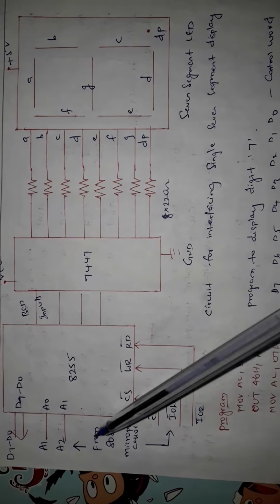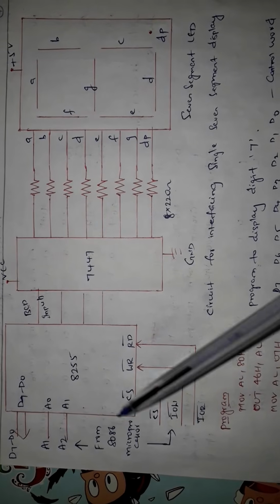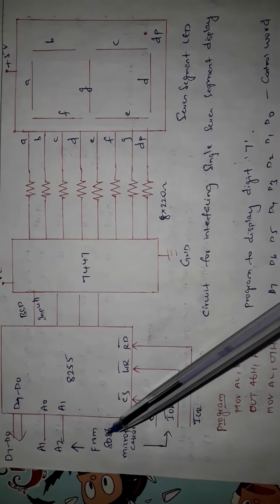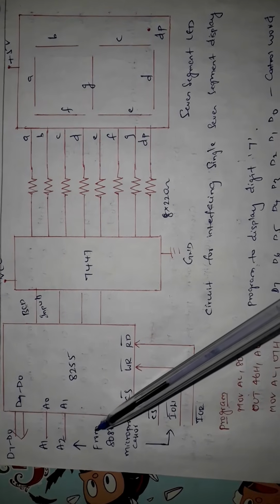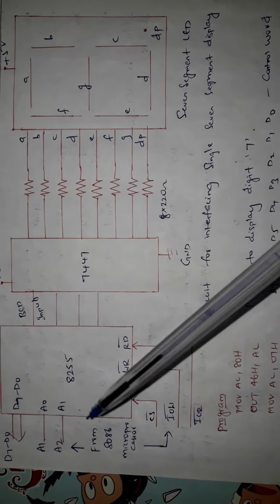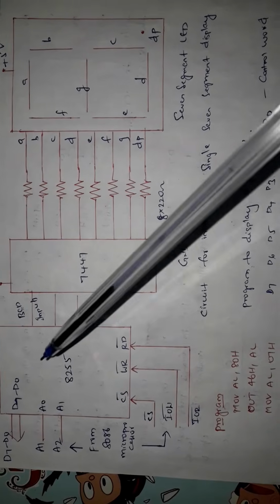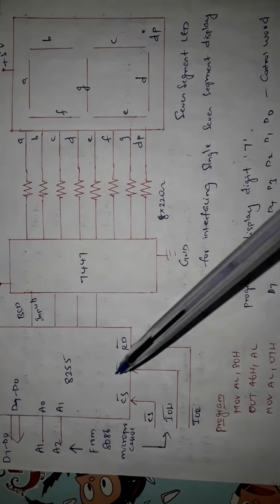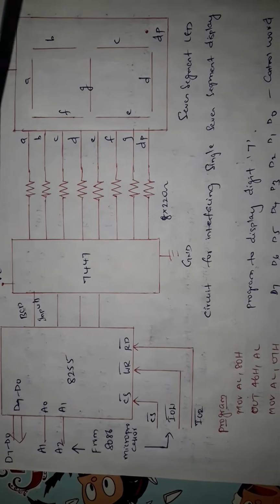The same can be implemented here. From the 8086 microprocessor you can use decoders to decode the read and write logics, and also the address decoding can be done. So this part is completely interfaced to the 8086 microprocessor.